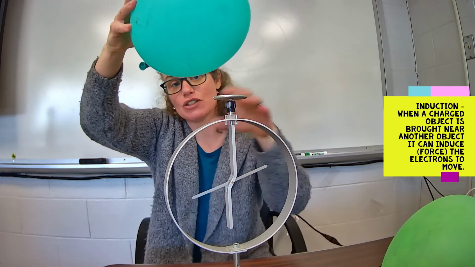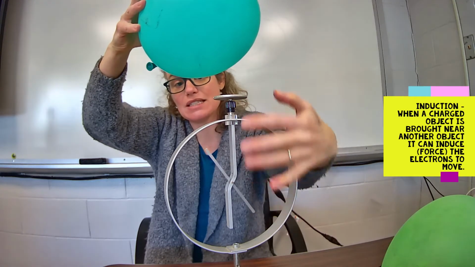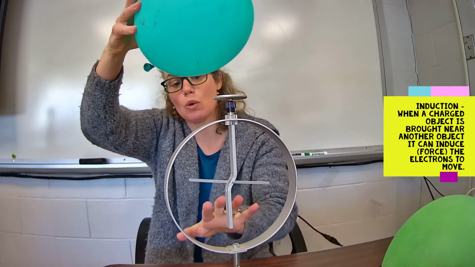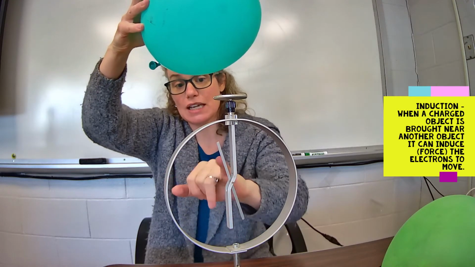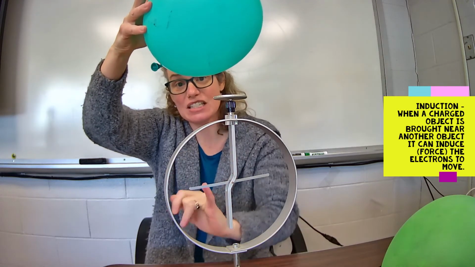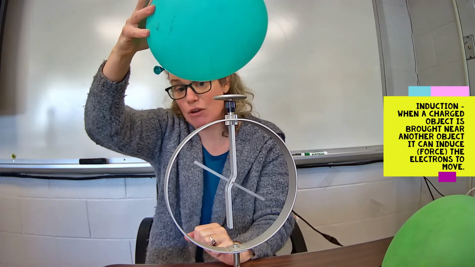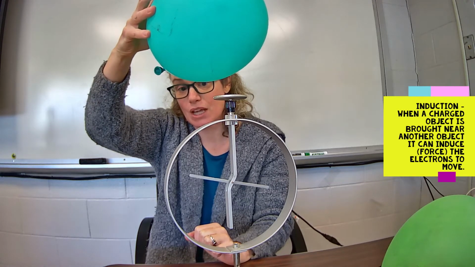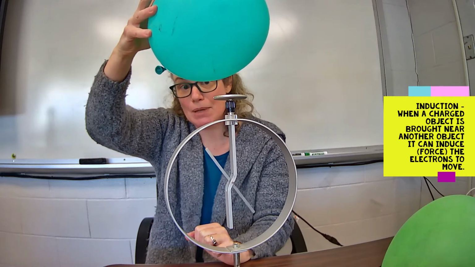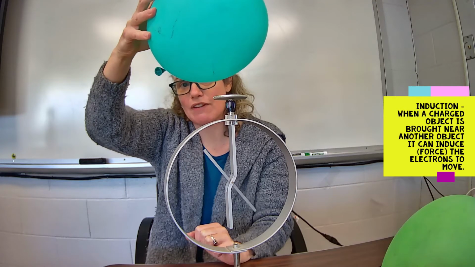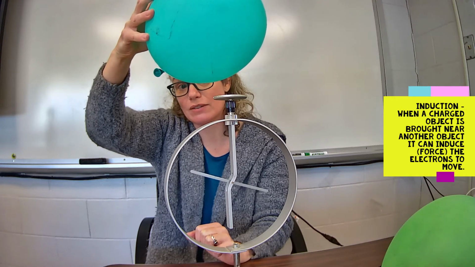So all the negative electrons that are present in this center bar of the electroscope have headed down towards the bottom, causing this bar and this bar to both be negatively charged. And now they are repelling each other.